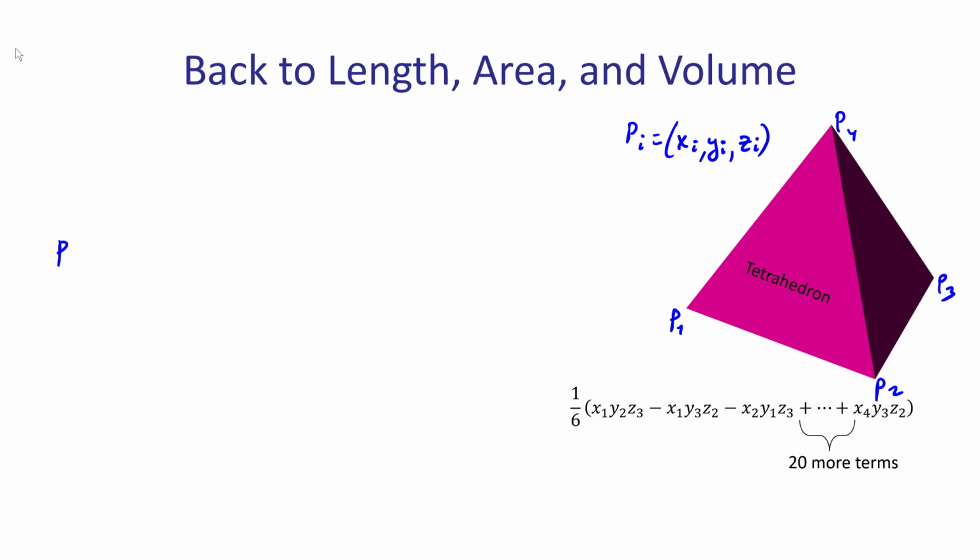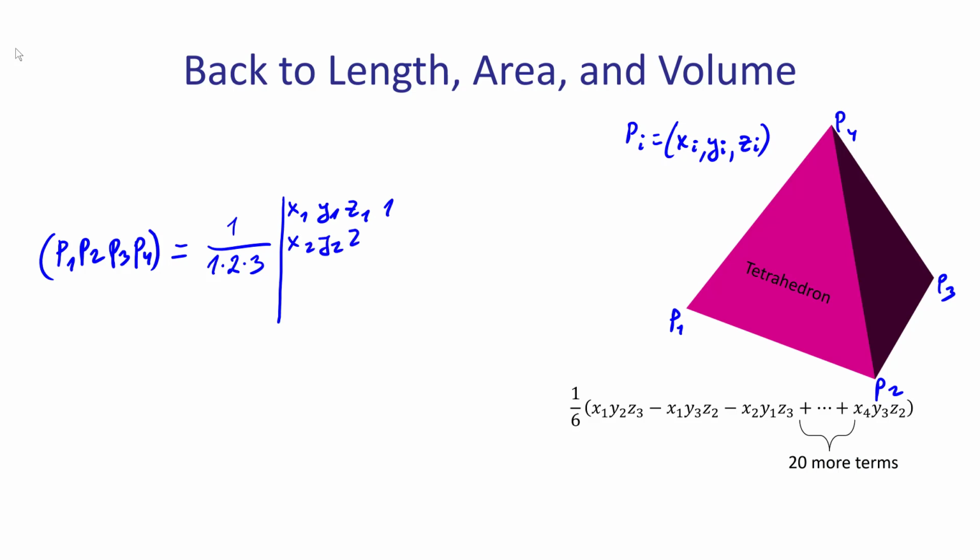So I will call it p1, p2, p3, p4, and this determinant will be 1 over 1 multiplied by 2 multiplied by 3, and the determinant that you might guess from the previous ones by extrapolation: x1, y1, z1, 1, x2, y2, z2, 1, and so on.